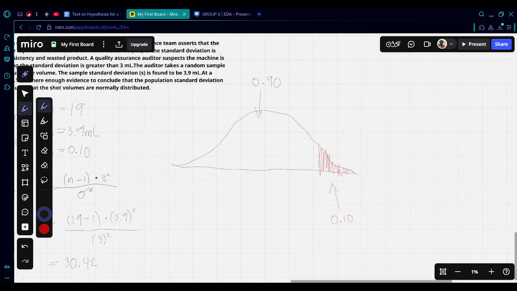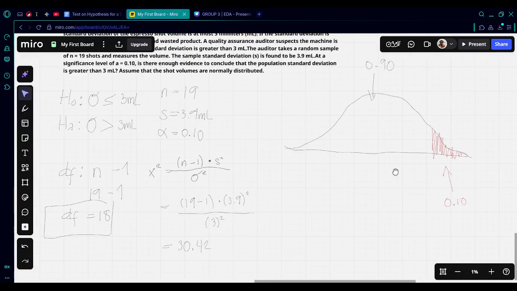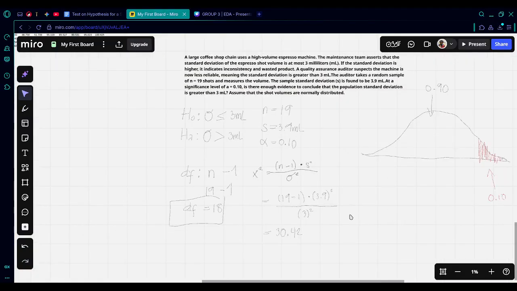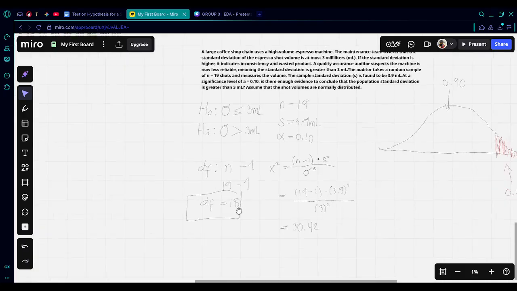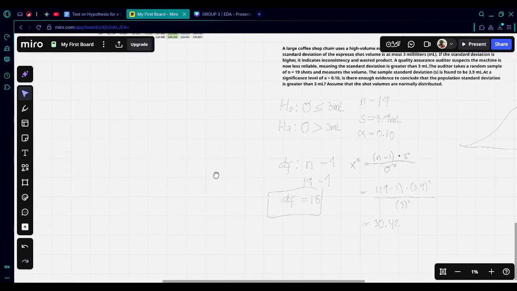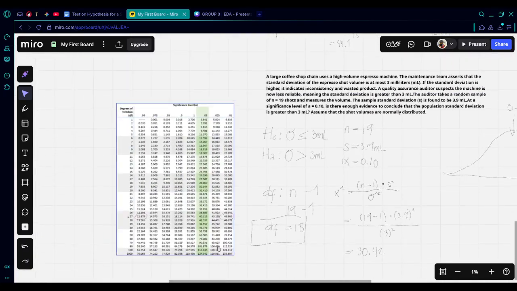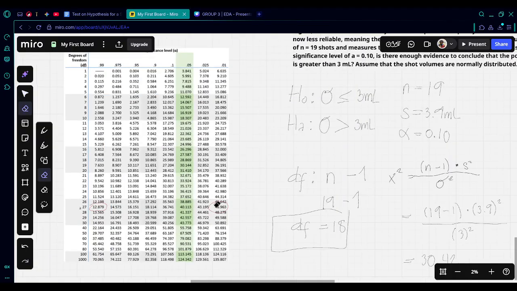Next, since we have here our alpha level, we will use this to determine the critical value. Since we have our degree of freedom of 18, going back to our table, let me just scroll this down and erase what we have used a while ago.